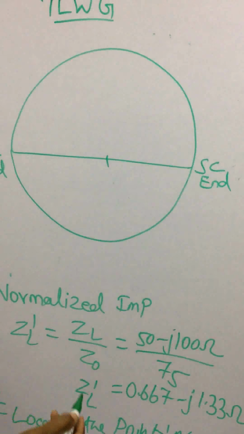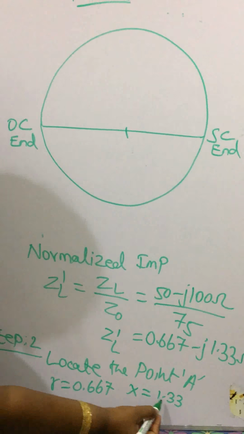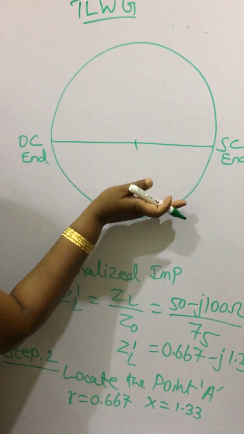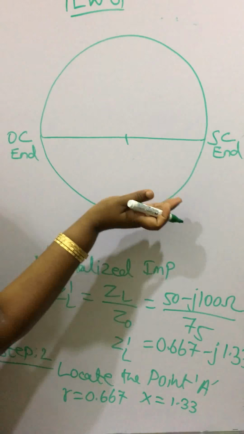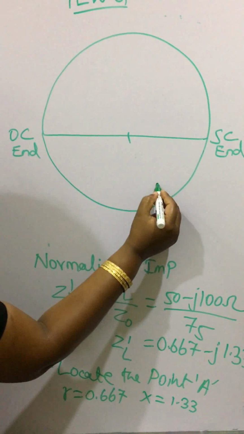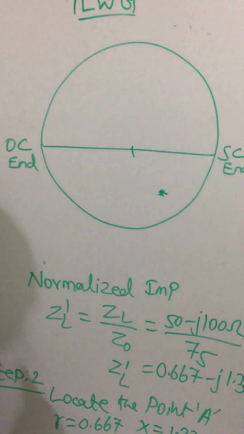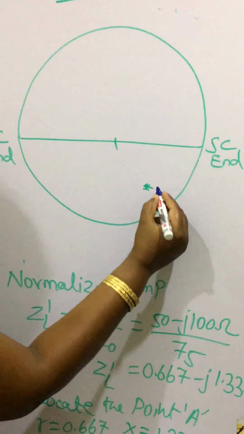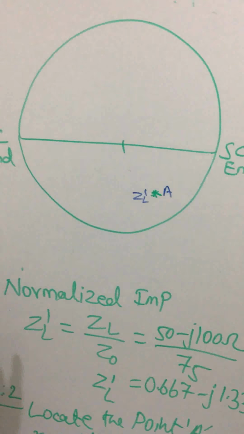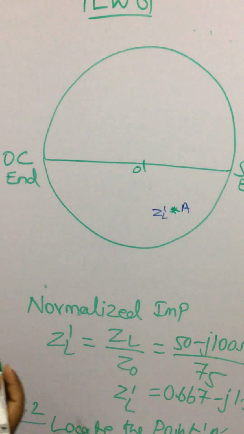Now step 2 is R is equal to 0.667 and X is equal to minus 1.33, which will be below the horizontal axis. You can locate this using the R circle and the X circle. I think approximately we'll be getting it at this point. Now we can name this point as A, which is nothing but the normalized load impedance ZL dash. This is the second step. The center of the Smith chart we can name as O.